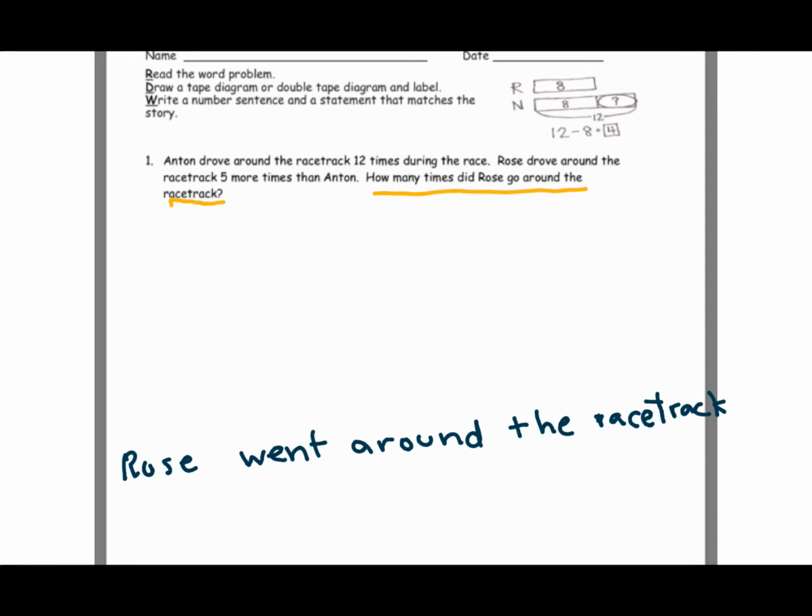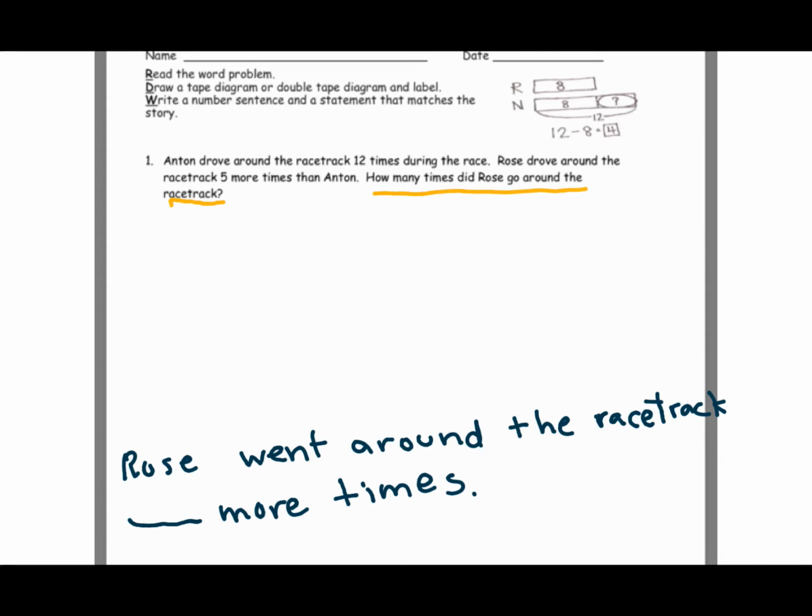Racetrack, make this R a little better. Racetrack, blank more times. Okay, so this is my statement.